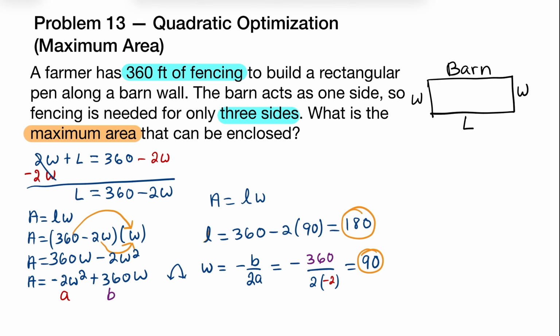And we know that the length is 180, and then the width is 90. So that equals 16,200 square feet. And that is our final answer.